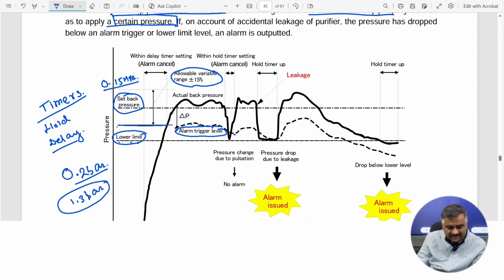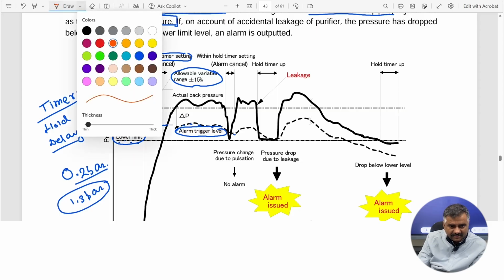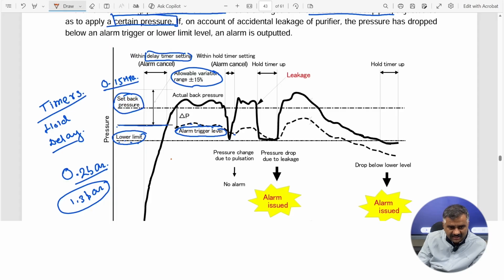But the scenario here is, initially when the purifier starts, there is a delay timer which is working. For a certain period of time this delay timer, and this can be set by the user also, is cancelling the alarm, because the pressure is still below the alarm trigger level here.